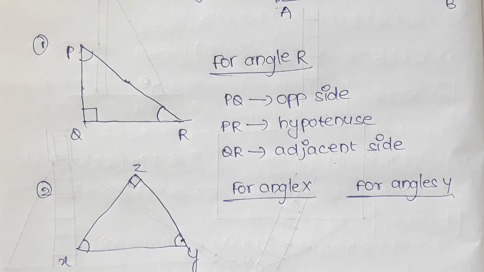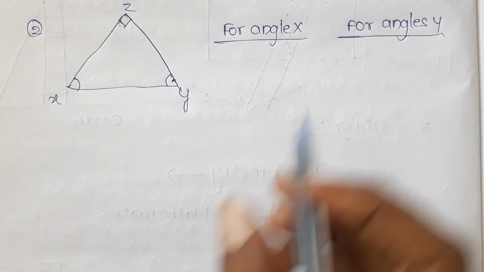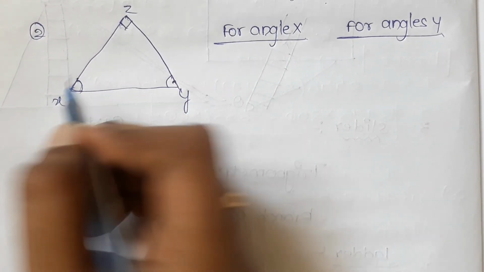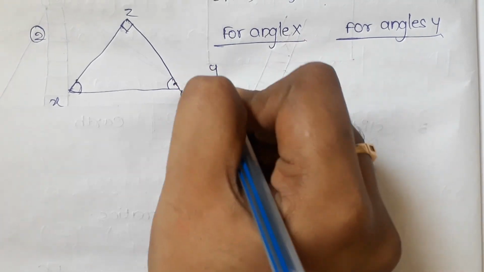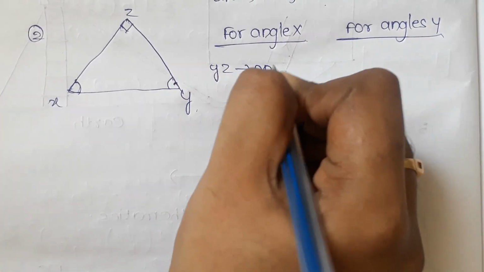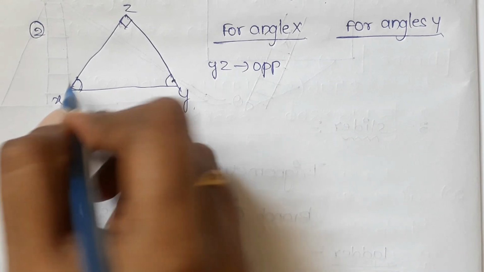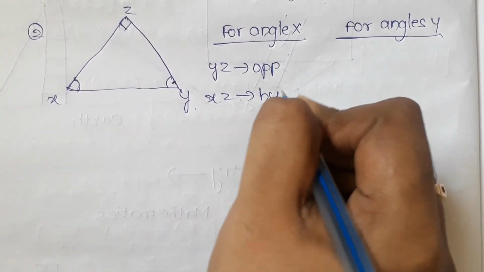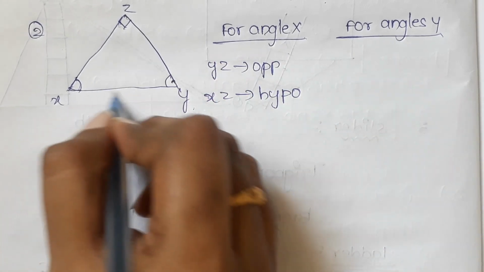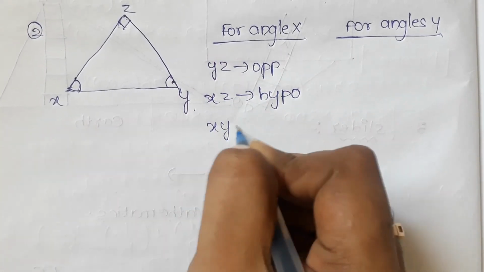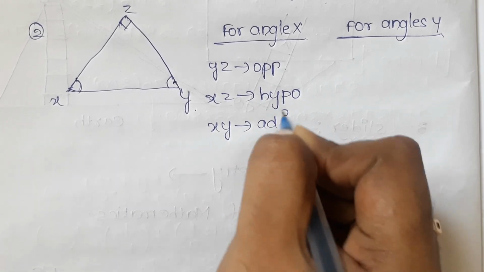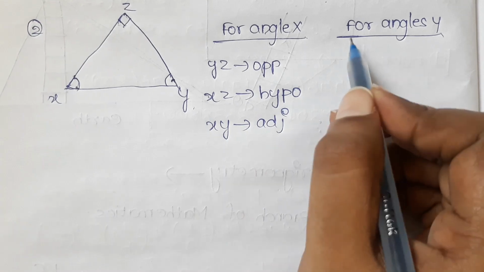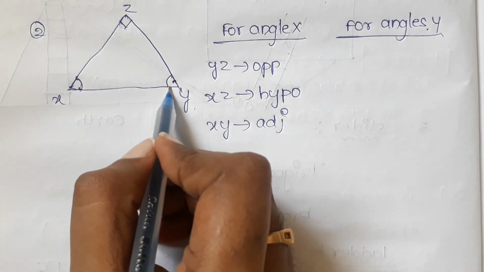Now for angle X, according to X, YZ is opposite, XZ is hypotenuse, and XY is adjacent. It is based on the given angle.